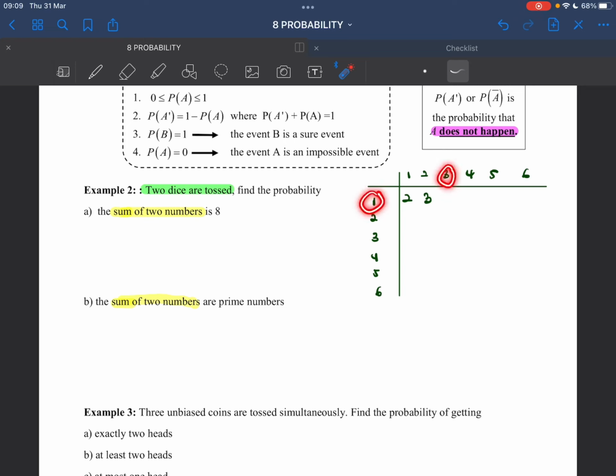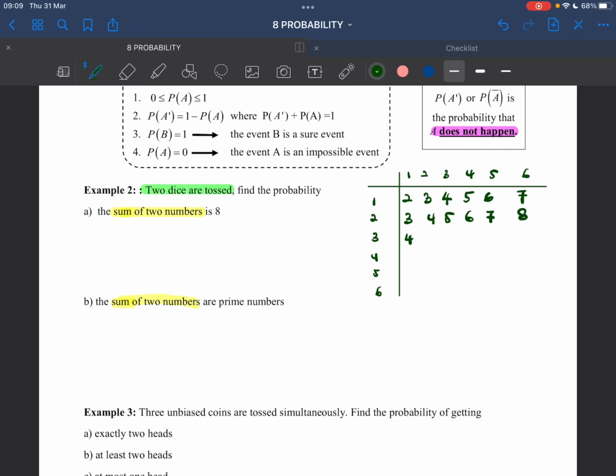First toss 1, second toss 3, the sum is 4. And then we just go along here: 5, 6, 7. First toss is 2, second toss is 1, so the sum is 3, then 4, 5, 6, 7, 8.